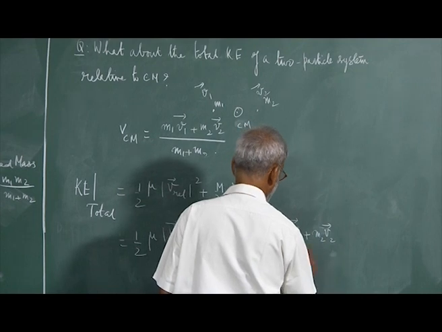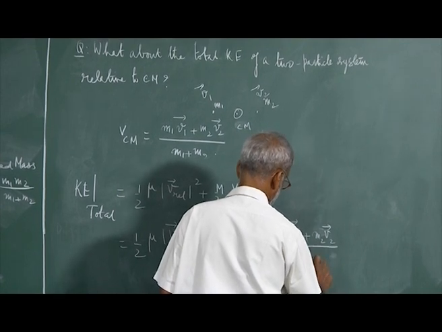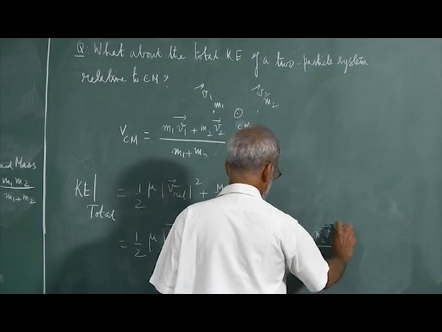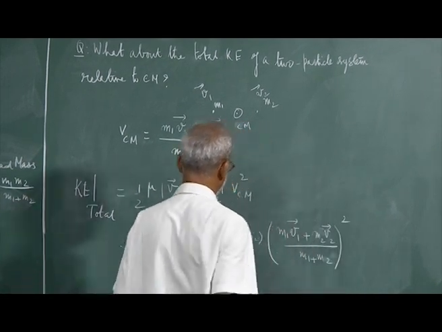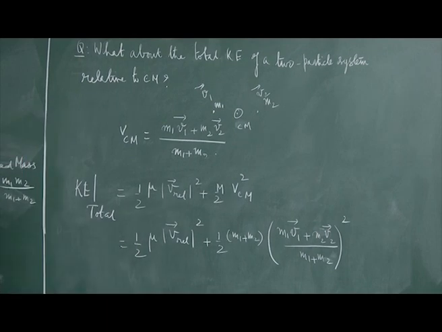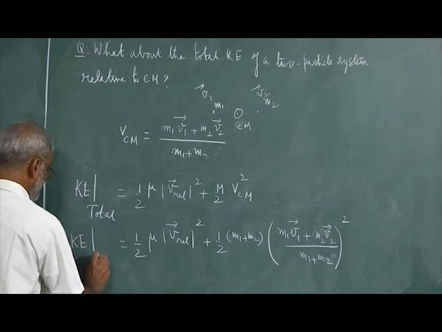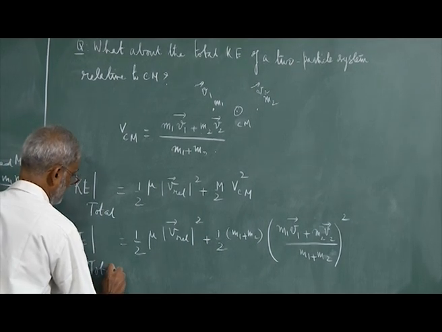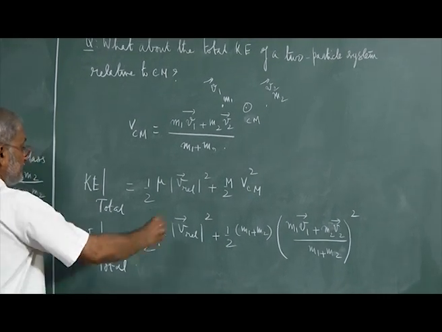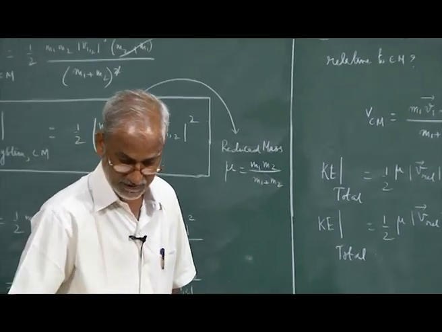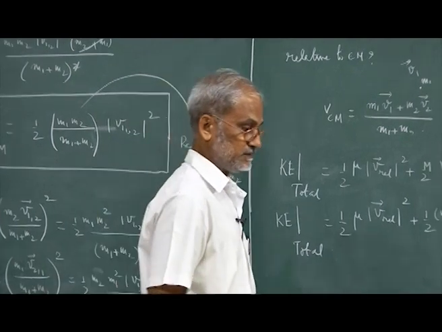Therefore, the velocity of the center of mass is this quantity, and I want to calculate the total kinetic energy of this system. Okay, right, this is the total kinetic energy of the system. It looks a little fearsome, but there is nothing to it, it is a very straightforward expression.